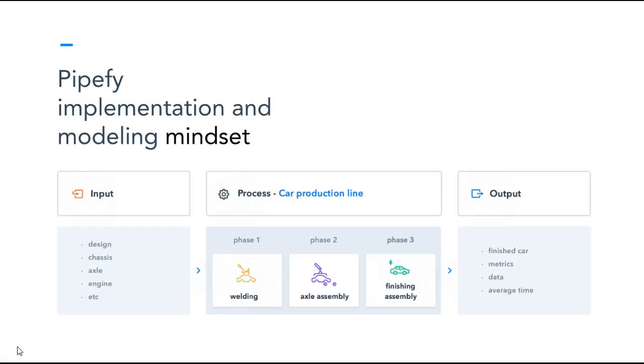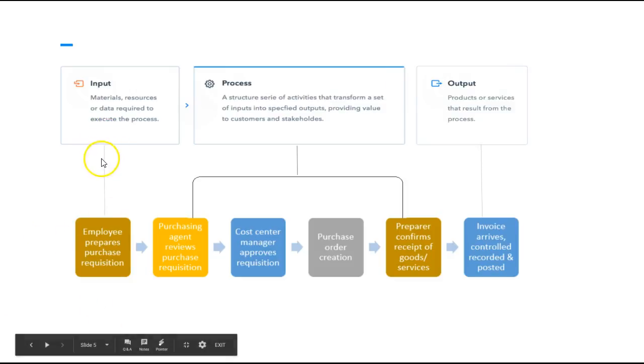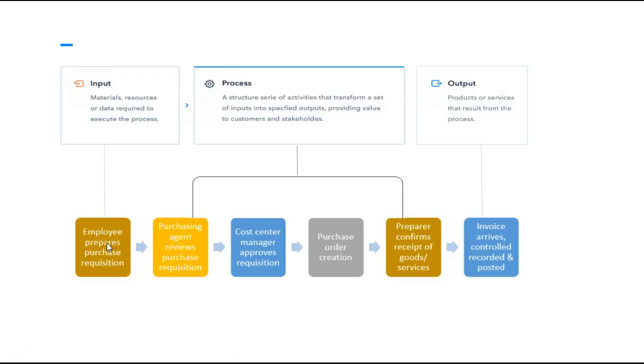In order to illustrate all that I just said, I brought the phases in a workflow chart of a purchase request process. So basically here I'm going to explain, in a purchase request, what's the input. It's basically going to be a form that an employee is going to fill in with all the information and what needs to be purchased.